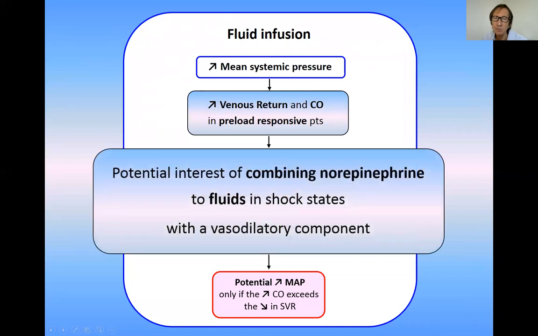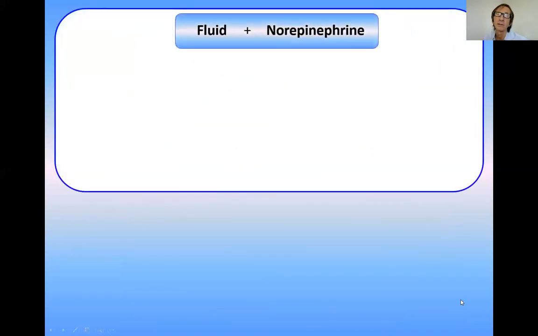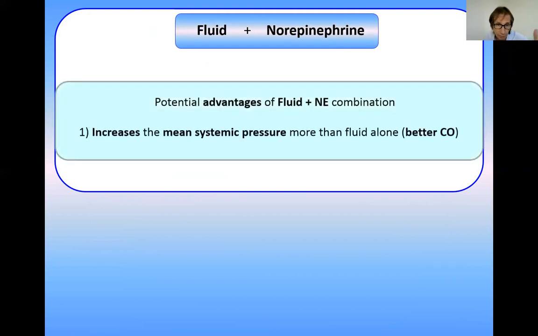This is why it is potentially interesting to combine norepinephrine to fluids in shock states with a vasodilatory component. And this is interesting because you can have the advantages of the combination of fluid plus norepinephrine, which are first to increase the mean systemic pressure more than fluid alone, resulting in a better cardiac output.